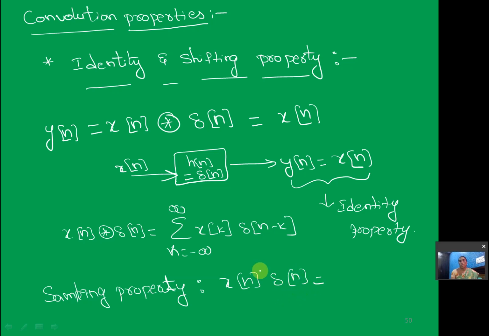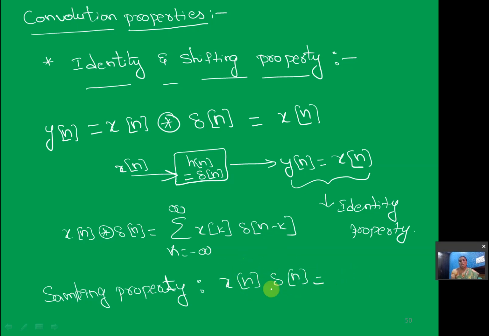If you multiply this with any signal, you get the value at n is equal to 0. Here the amplitude is 1, and whatever the amplitude of the signal is, it is multiplied with the 1. So 1 into x is nothing but x. Here 1 into amplitude gives that amplitude.